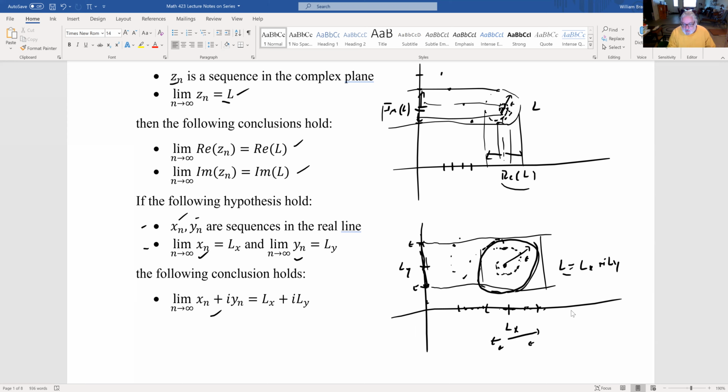And so if we have a y sub n here and an x sub n here, x sub n is within epsilon of Lx, y sub n is within epsilon of L sub y, but x sub n plus i y sub n would be out here, and that's outside of epsilon from capital L. So we have to be a little bit careful here and actually do an epsilon over 2. Okay, and then the epsilon over 2 would give us a little box inside that epsilon.